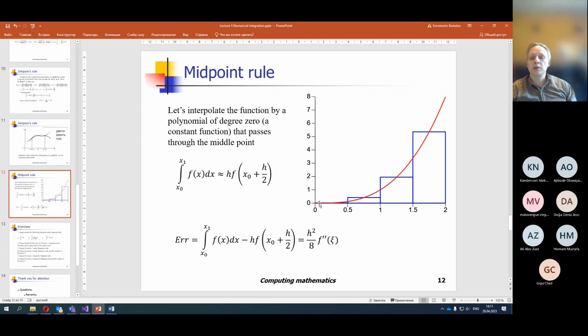The simplest function that we can integrate is a constant function, a polynomial of degree 0. Let's replace the function with a constant function that passes through the middle point of the interval. In this case, the area under the curve can be approximated by the area of this rectangle.